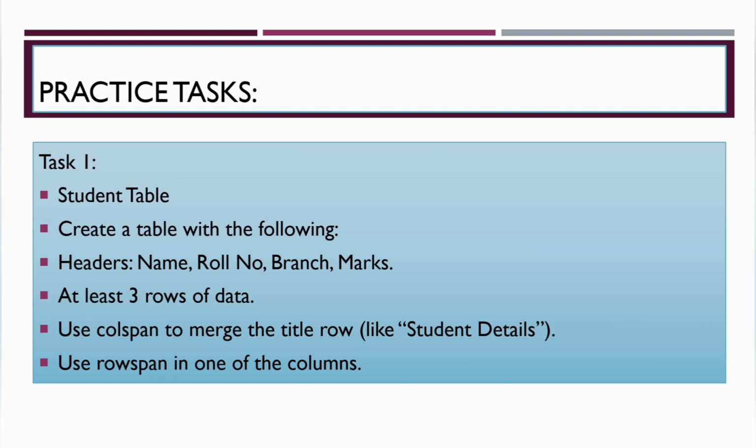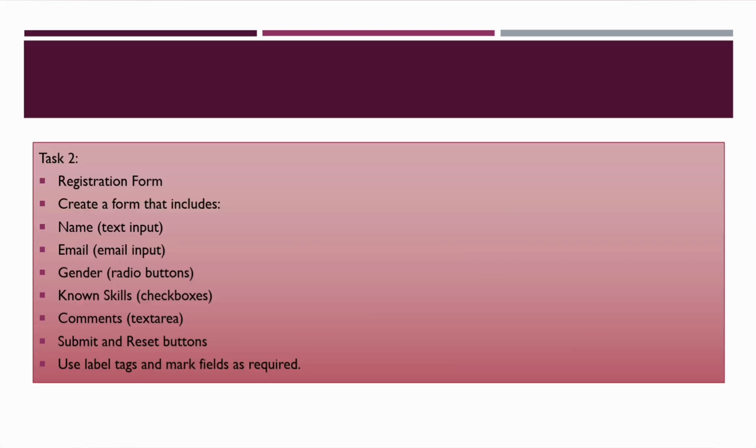Okay, let's go to the next slide. Yes guys, this is task 2 for forms. Registration form. Create a form that includes name, text input, email, email input, gender, radio button, known skills, checkboxes, comments, text area, submit and reset buttons.